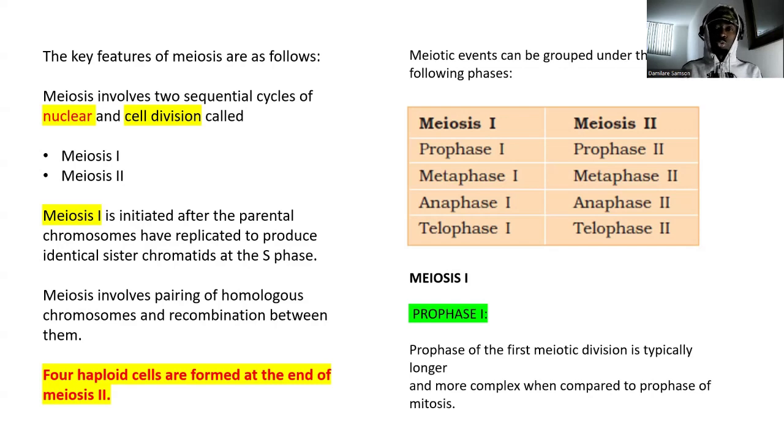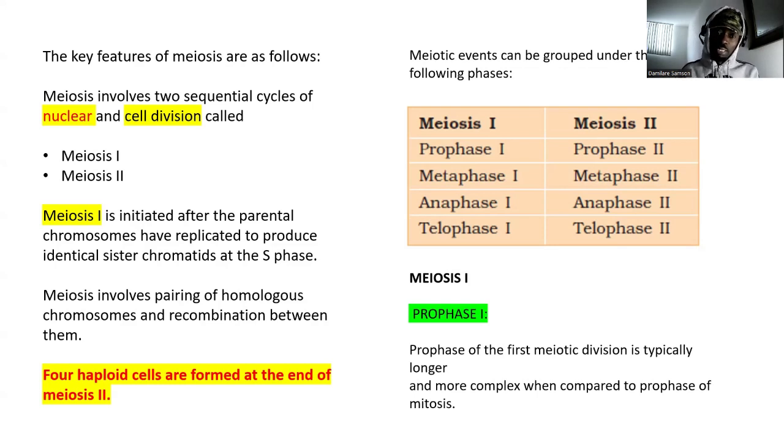Now, meiosis 1 is initiated after the parental chromosomes have replicated. The organism is fully developed now, so we have parental chromosomes, meaning for the adults that want to go into reproduction. They have replicated to produce identical sister chromatids at the S phase. Don't forget, S phase is the synthesis phase, and at this phase there will be production of what?